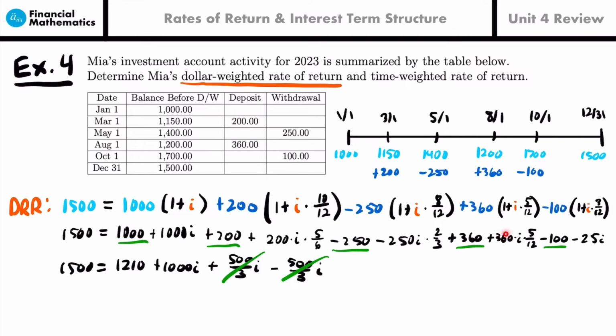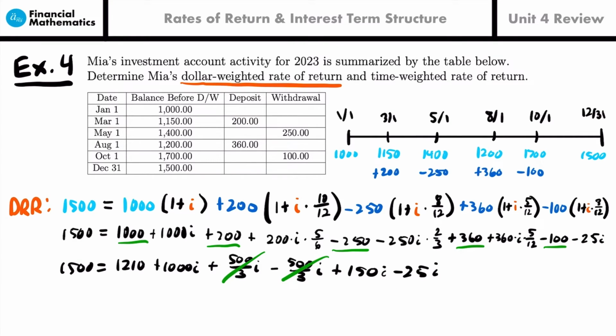But moving on to our next term here, we have 360 times I times 5/12. 360 times 5 is 1,800. And so you'd have 1,800 divided by 12. But 1,800 is divisible by 12. It's 150. So what we have here is plus 150 times I. And then, of course, we still have this negative 25I to account for.